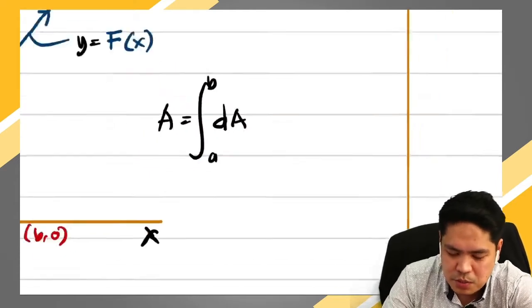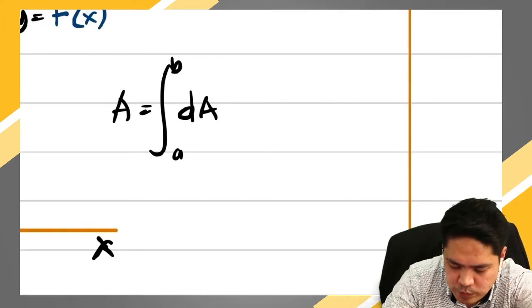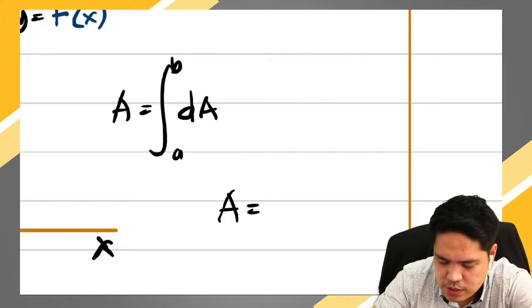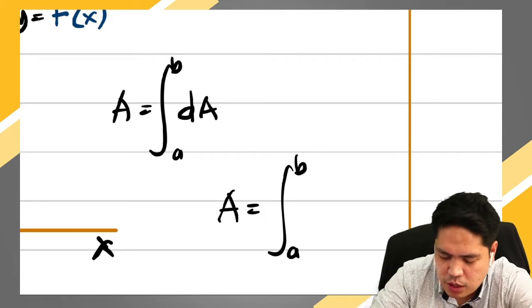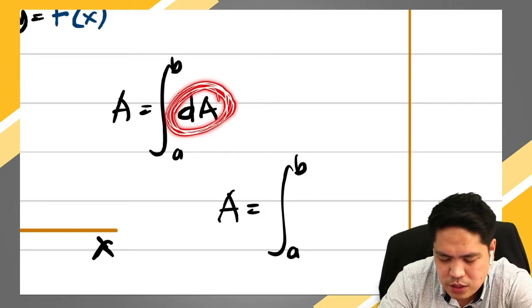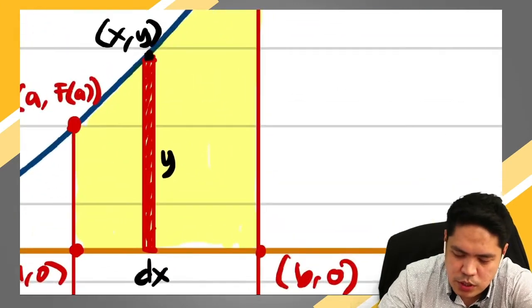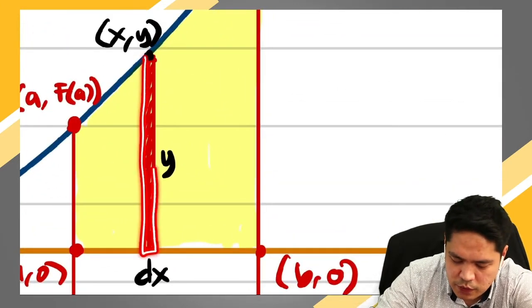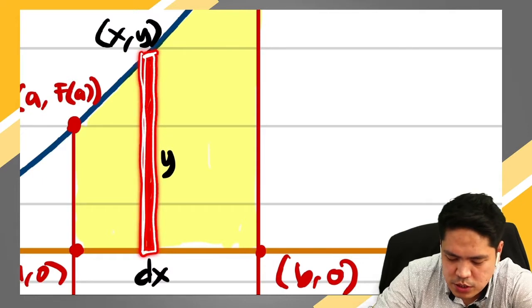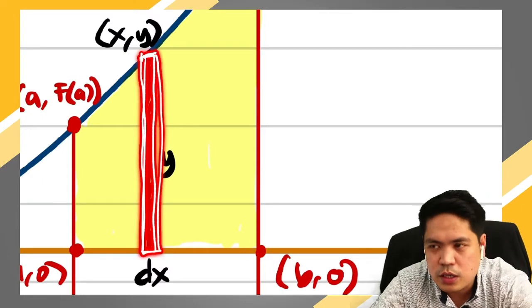That's it. So, we just interpreted. So, now, area could now be expressed as the integral, again, from a to b. How do we get the differential area? Or in other words, how do we compute the area of this strip? Remember, this is just a rectangle. How do you compute the area of a rectangle?